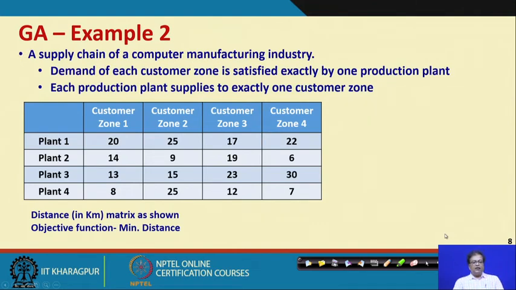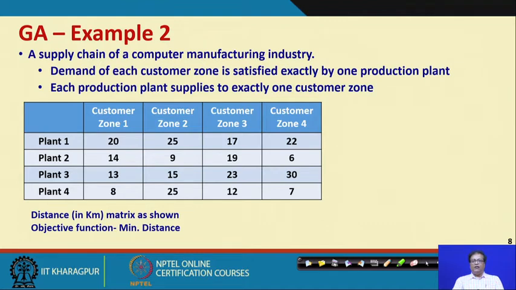So, let us take another example, the second example. Suppose we have a supply chain, and in this supply chain we have some demands from plants to the customers. We have the distances in kilometers from plant 1 to the various customer zones, and let us assume that the transportation cost would depend on those distance values.